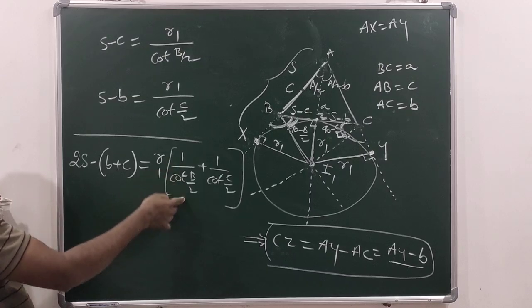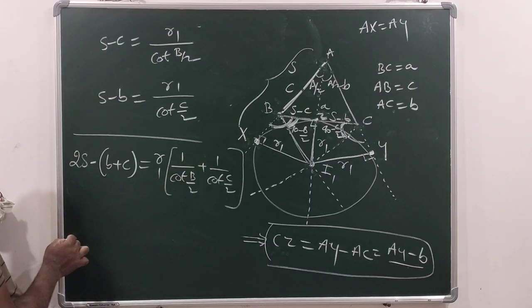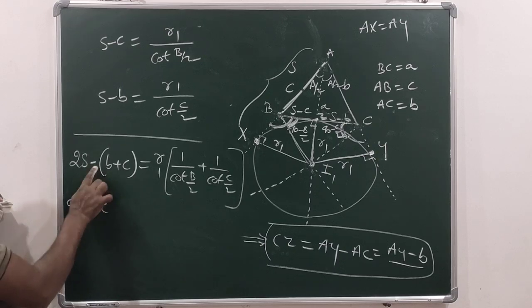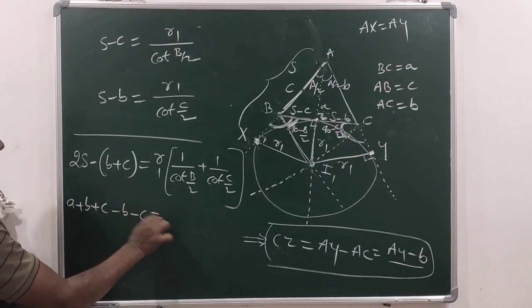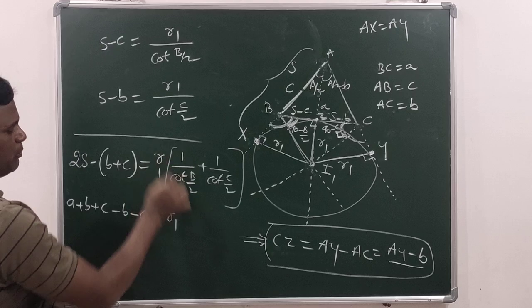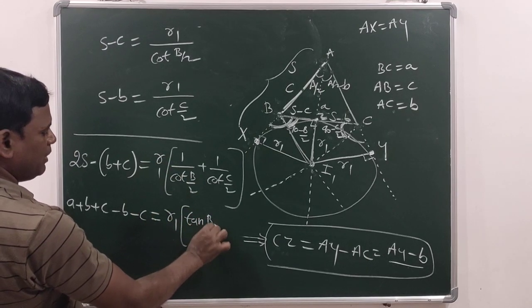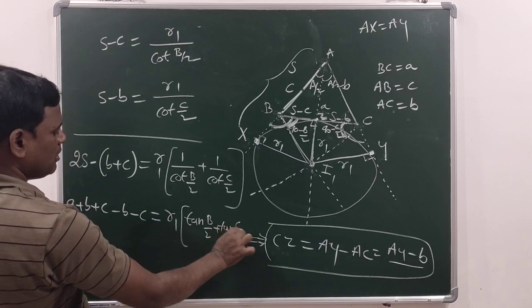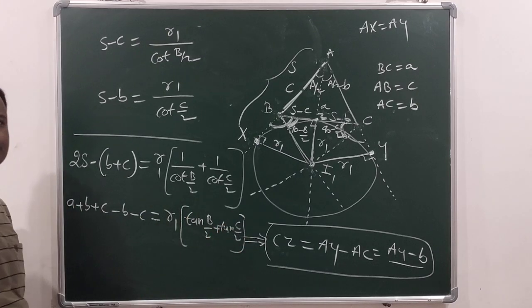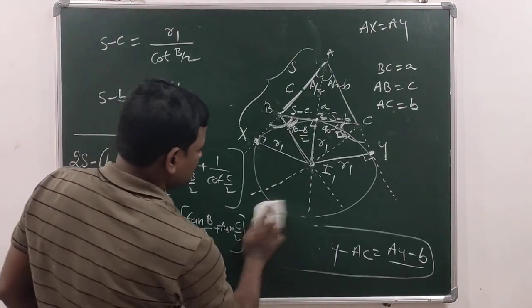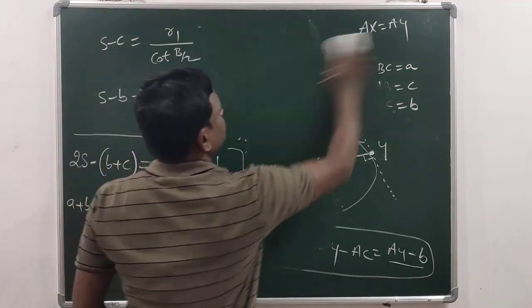Now if you send both of them to the numerator, so we will get here, 2S is nothing but A plus B plus C, and open this bracket, minus B minus C. Now if you send both of them to the numerator, so you will get tan B by 2 plus tan C by 2. Okay? Right. Now see, simplify this.